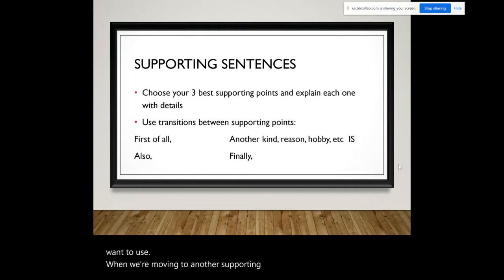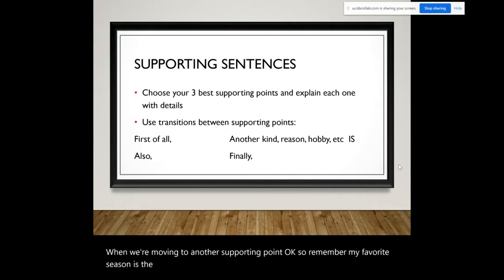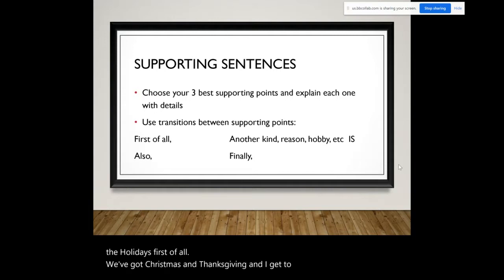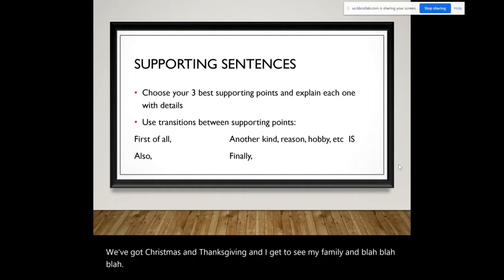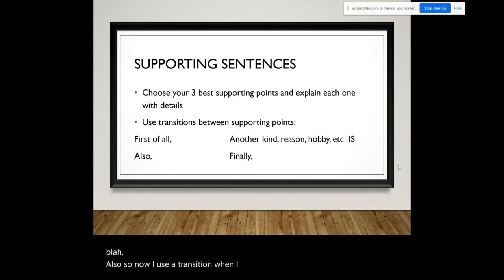So remember, my favorite season is winter because of the holidays and the snow. So I would start with the holidays. First of all, we've got Christmas and Thanksgiving, and I get to see my family and so on. Also, now I use a transition when I want to go to my second point about the snow.